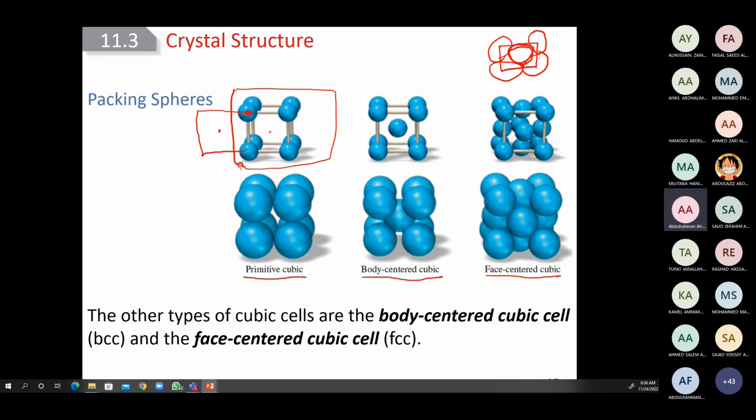There is a cube there, and above it, there is another cube like this, right? So how many cubes are sharing this point now?